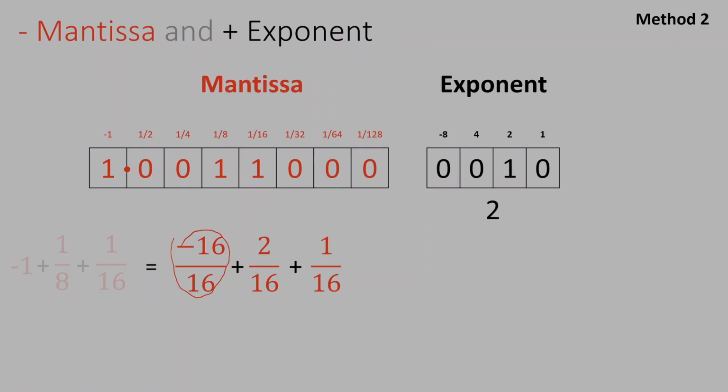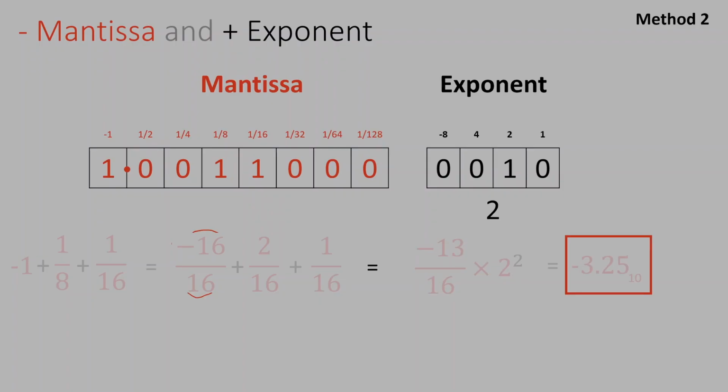Again, you don't have to be using fractions. You can do this as a decimal number if you wanted to. So if we add those up, we get negative 13 over 16 times 2 to the exponent. That gives us 3.25, or we could write it as negative 13 over 4.